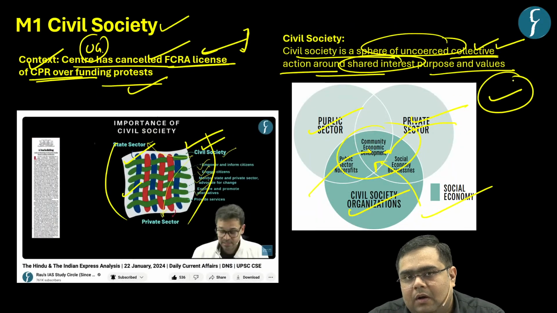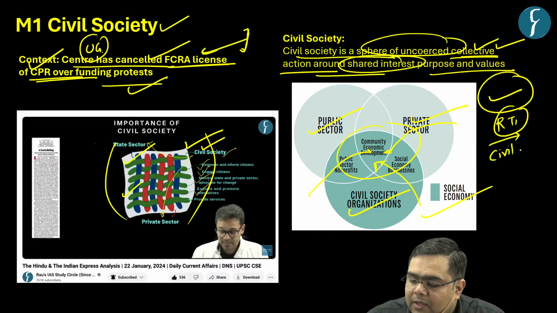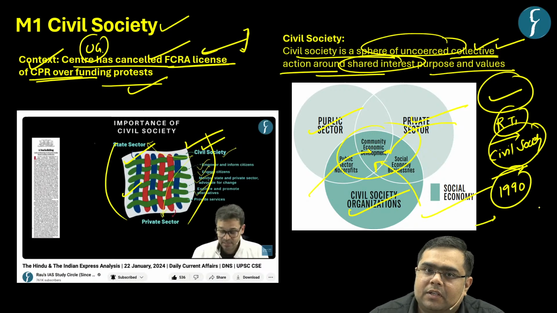Do you know that one of the famous legislations in India, that is RTI, was an outcome of civil society activism? So what the context was, in 1990, there was a civil servant, just like you are aspiring to be a civil servant, that is Aruna Roy.